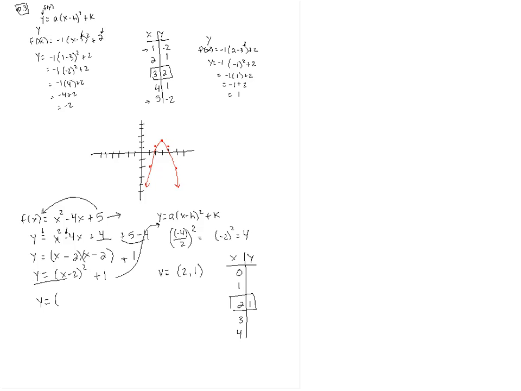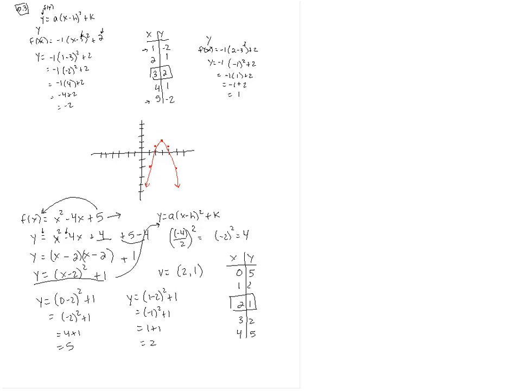Y equals, if x is 0, I get -2 squared plus 1, which is 4 plus 1, which is 5. And then if x was 1, 1 minus 2 squared, that's -1 squared. So that's 1 plus 1, so it's 2.